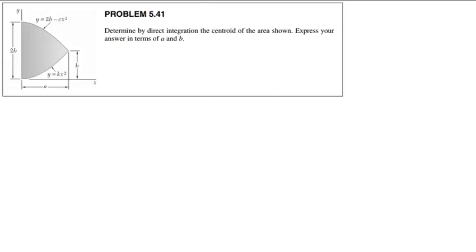Let me show you integration for something a little bit simpler first. So we have learned, I've told you, and we can see in the table here, that the centroid for a triangle is 1/3 from its base. What if I want to prove that formula?